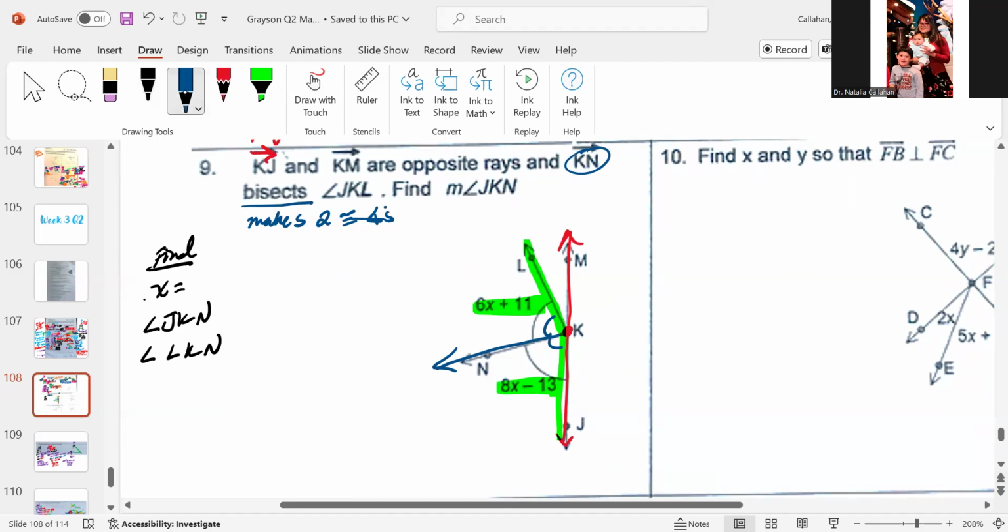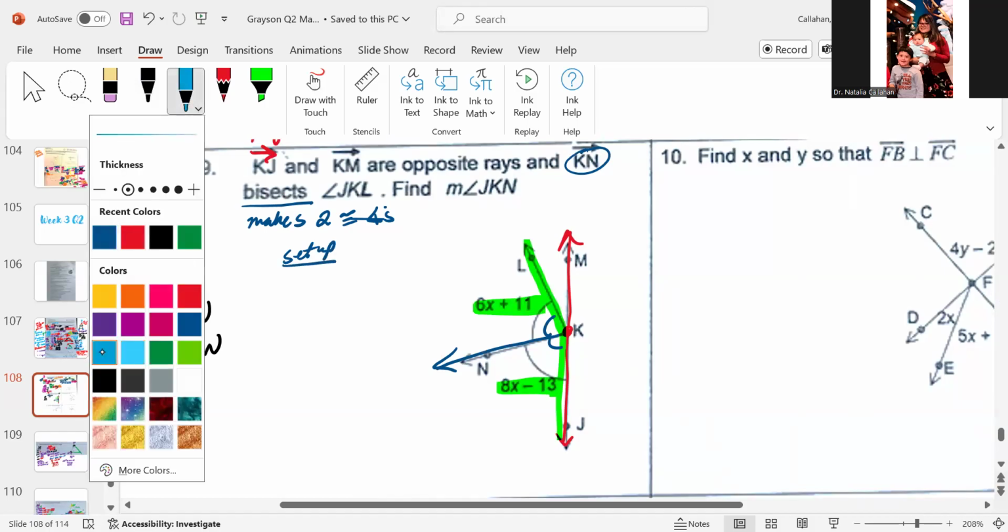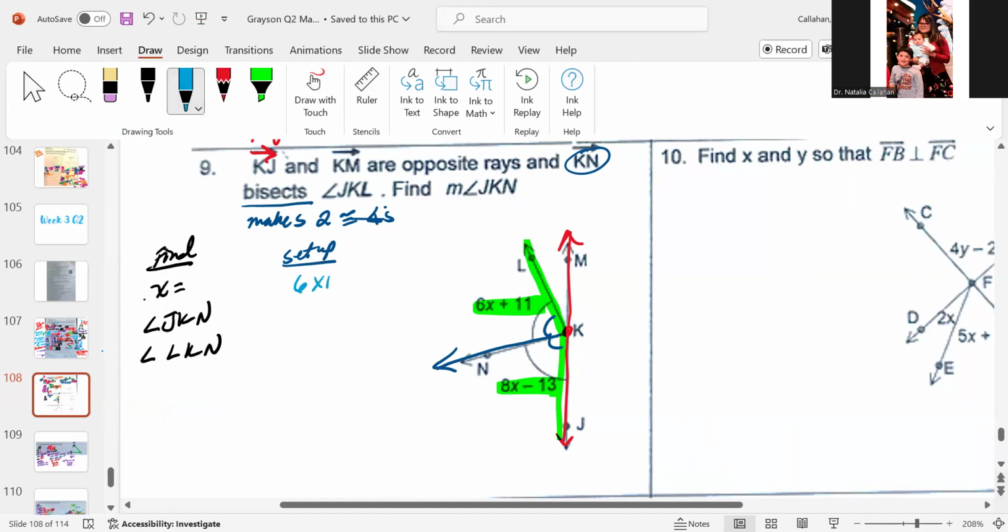So how are you gonna set it up? Look at the parts that have letters, 6x plus 11. What do you do with those two? What do you know about 6x plus 11 and 8x minus 13?